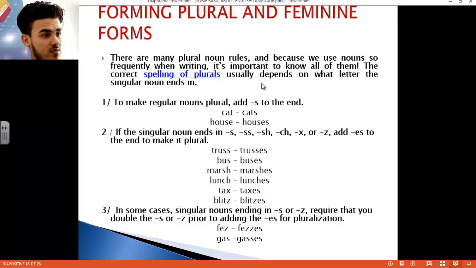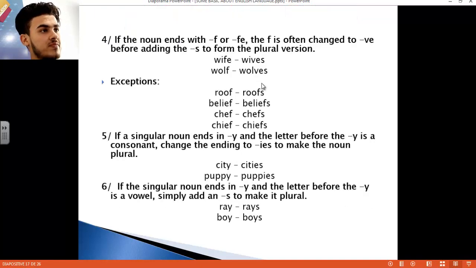For the third rule, in some cases singular nouns ending in s or z require that you double the s or z prior to adding the es for pluralization, like the example fez, fezzes, gas, gasses. As you see here, words end with s or z, and before this letter we have a vowel. We have to double the s or the z for them.